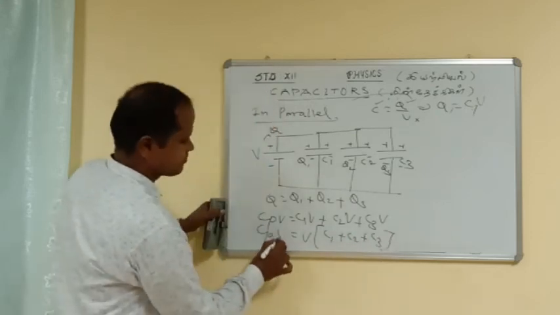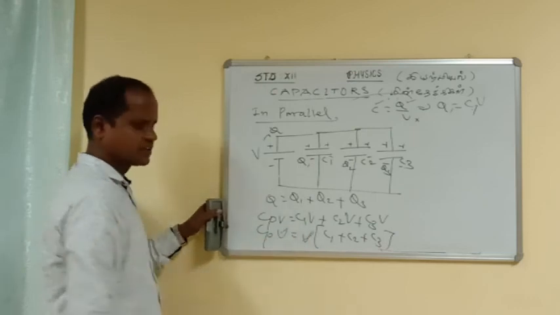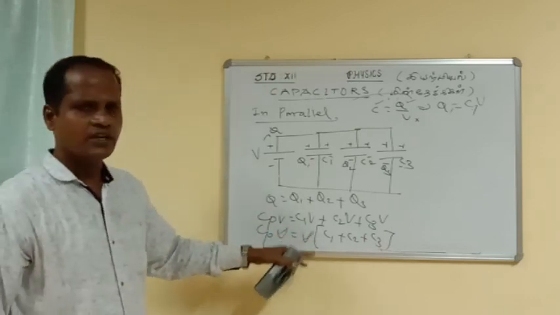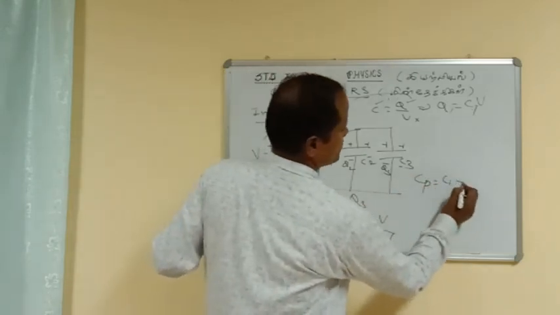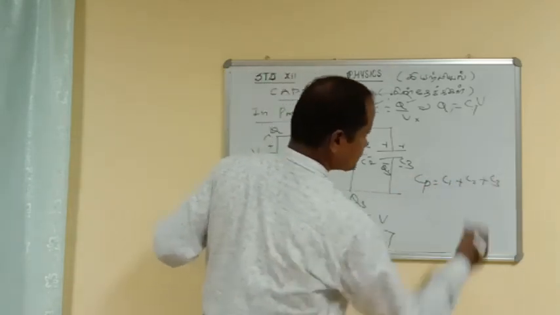So Cp V is equal to that; we can cancel V on both sides. So Cp becomes C1 plus C2 plus C3.